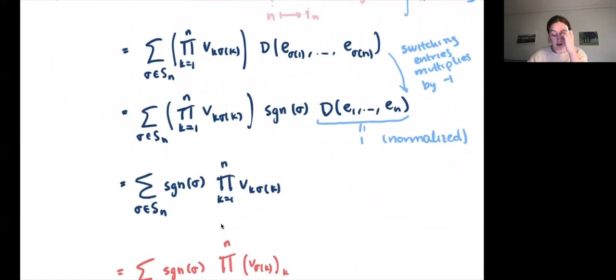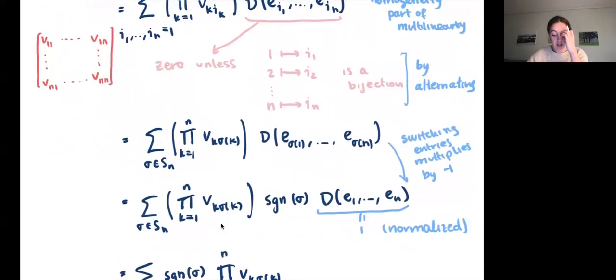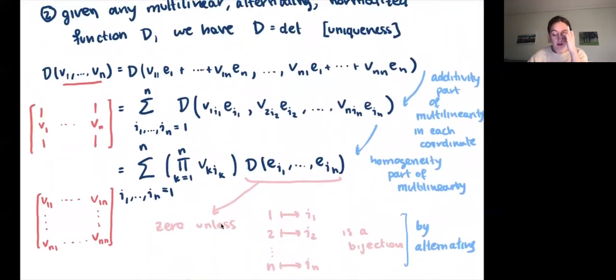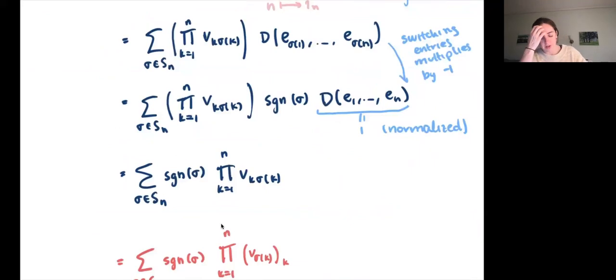Let me just think that through again. So V_k sigma k is the sigma kth... wait, now I think I have it wrong.